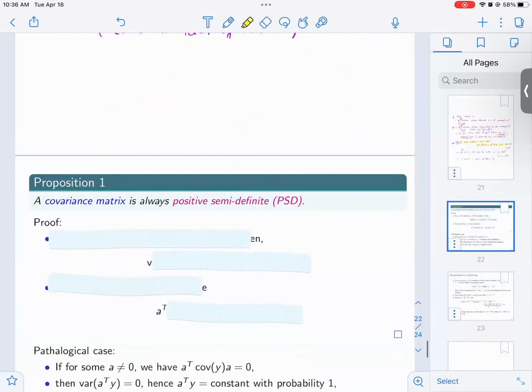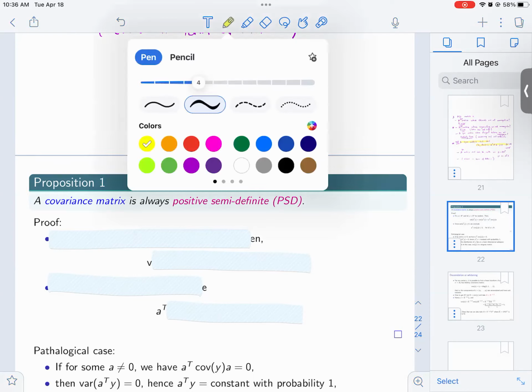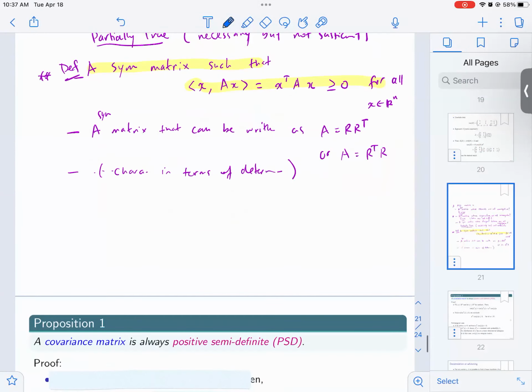Okay, so let's try to prove that the covariance is positive semi-definite. How do we prove that? Does anyone know how to prove this using this definition?